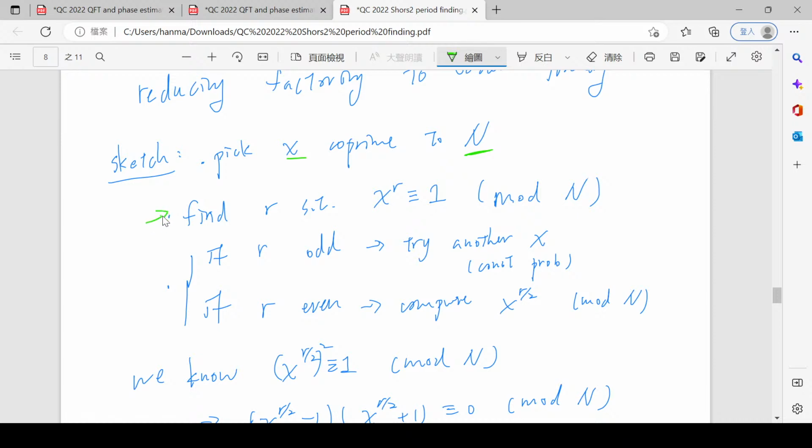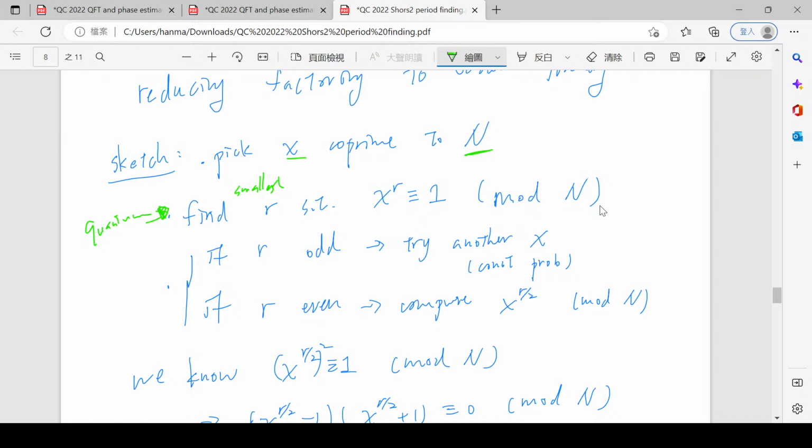Now this is quantum, right? We spent a lot of time saying that. How do we do this in quantum? Okay, so we do order finding, then we find the smallest r such that x to the r equals 1 mod N.